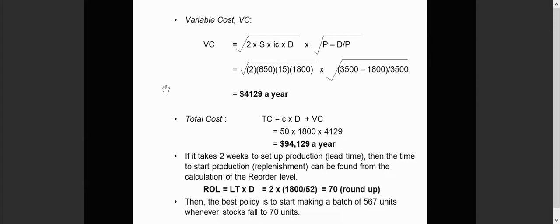So we can find the reorder point level also based on the information provided in the problem. 2 weeks to set up a production, and the time to start production can be found from the calculation of the reorder point level here, where the reorder point level equals the time multiplied by the demand.